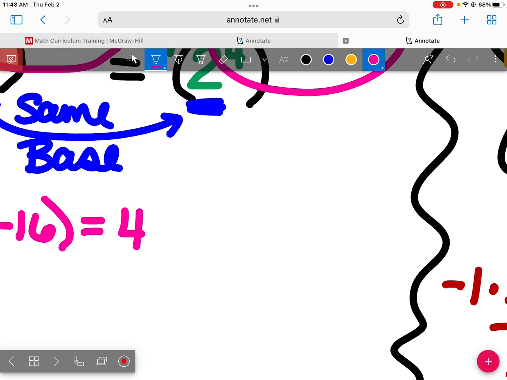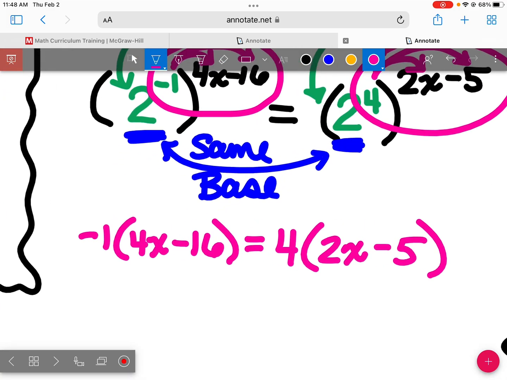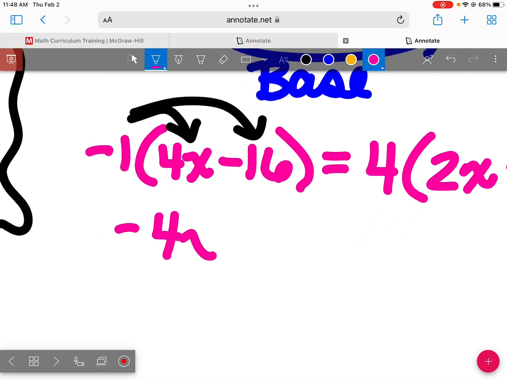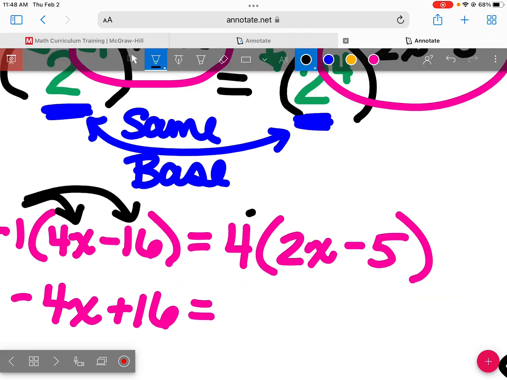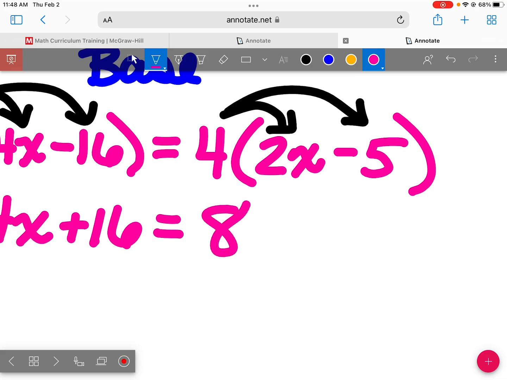So I have 4 times 2x minus 5. So I'm going to distribute those pieces now. I would have negative 4x plus 16 equals 8x minus what? Minus 20.